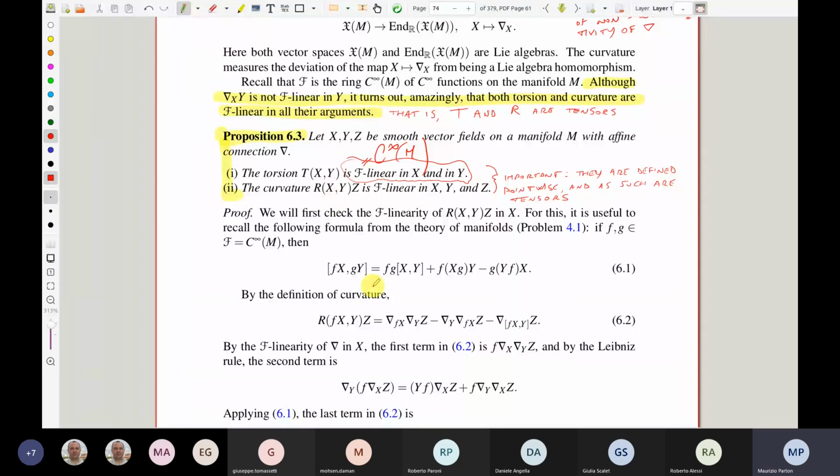You can talk about the curvature on a vector in a point, a vector in a point, a vector in a point. Not for the 4th component. The 4th component must be a vector field, which means it must be defined in a small neighborhood of the point.